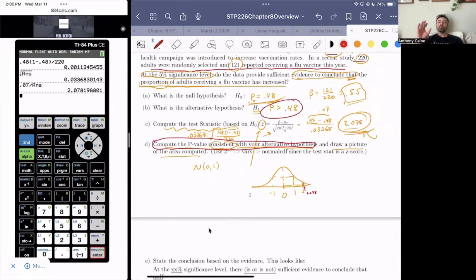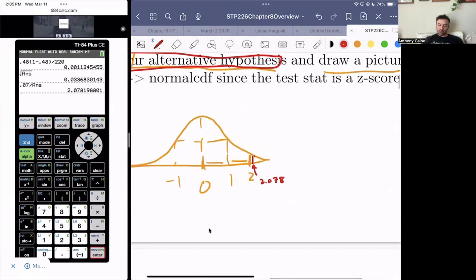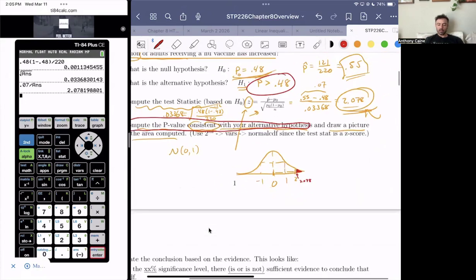We expect p to be bigger than 0.48. So the probability of getting an observation bigger than what we got is our p-value.